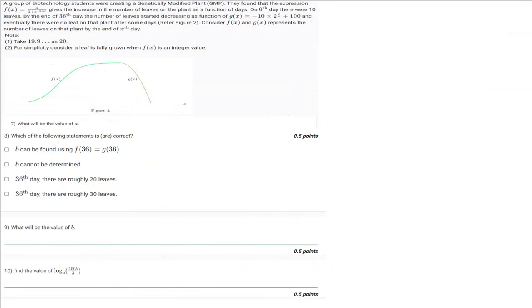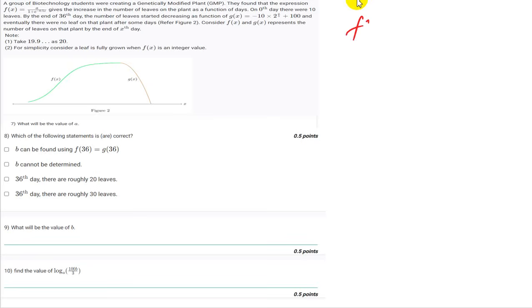Okay, next. This question is also very important, or I think interesting. A group of biotechnology students were creating a genetically modified plant. They found that the expression gives the increase in the number of leaves on a plant as a function of days. On the 0th day, there were 10 leaves. By the end of the 36th day, the number of leaves started decreasing as function g(x) is equal to this.